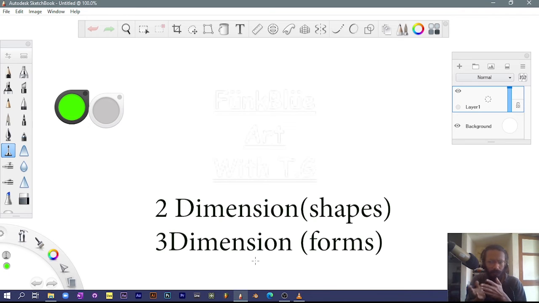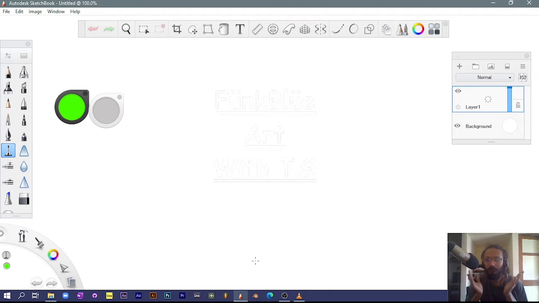Two-dimensional to three-dimensional. What are the differences? What are the different lines that we get to see when we have this shift happening? So today in this video we are focusing on the combination of different lines coming together.